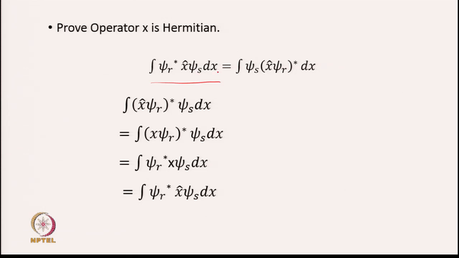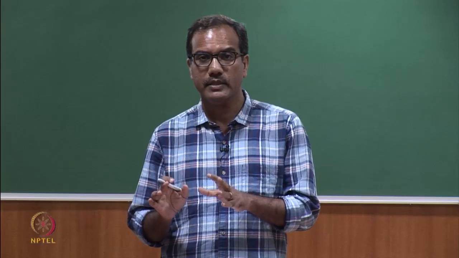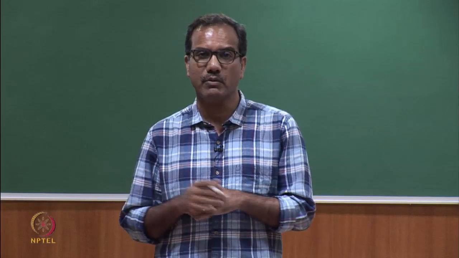If x is a Hermitian operator, then this equation must be true. Here the operator is applied on psi s; now you apply the operator on psi r, take the complex conjugate of this, and then multiply by psi s dx. If this is equal, then you say that the x operator is a Hermitian operator.